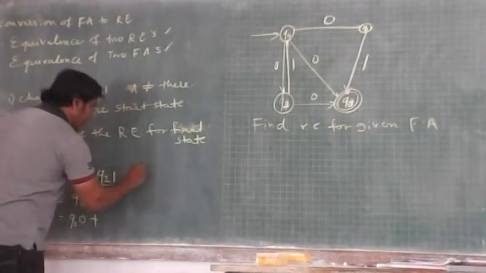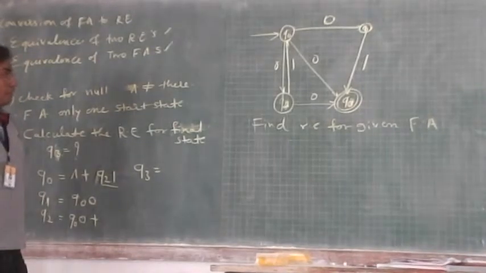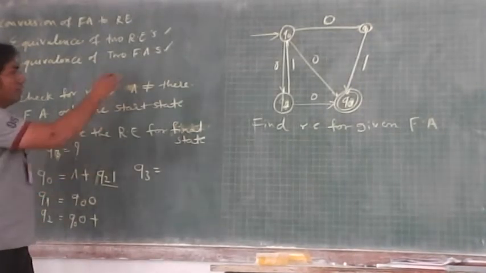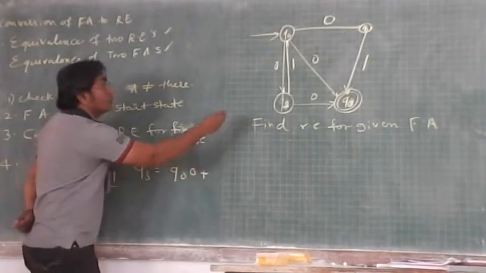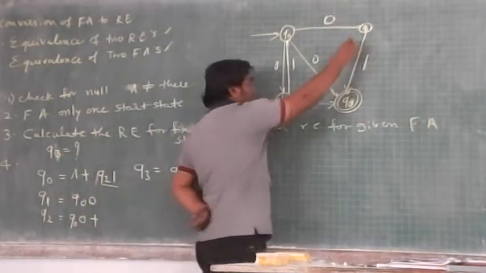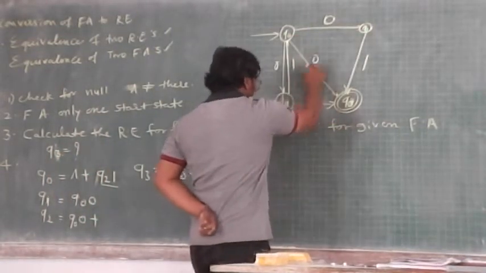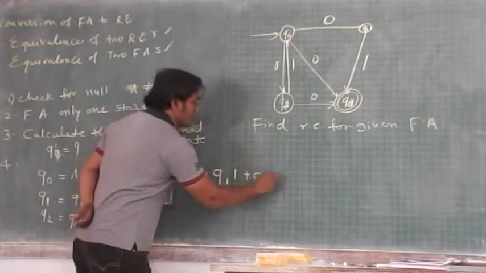So for Q3, the final state, what are the various incoming transitions? One coming from Q0 with 0, Q0 0; one coming from Q1 with 1, Q1 1; and a third coming from Q2 with 0, that is Q2 0.